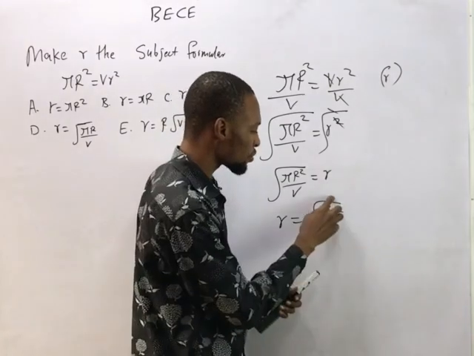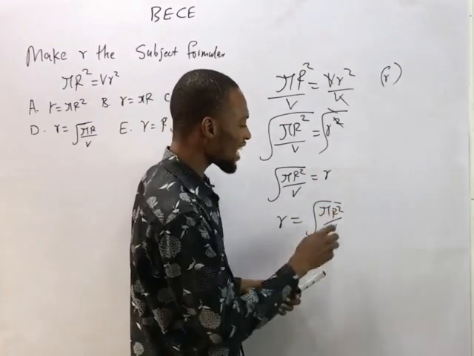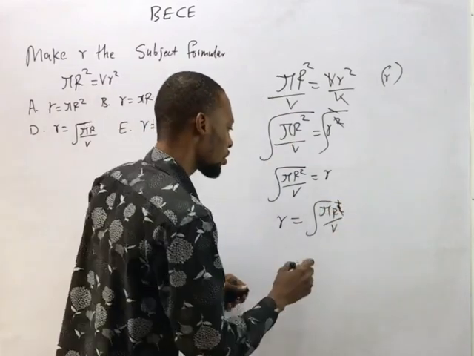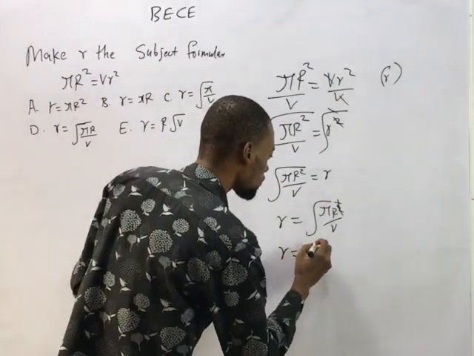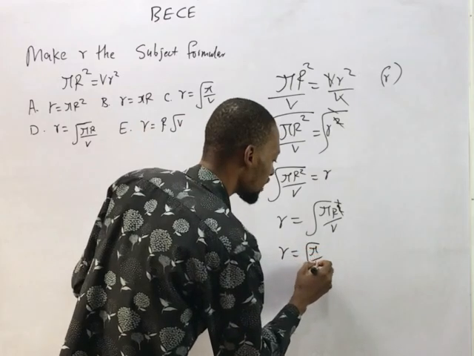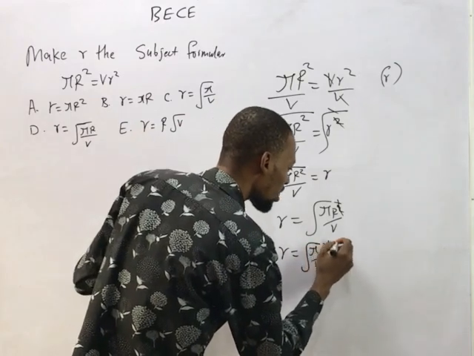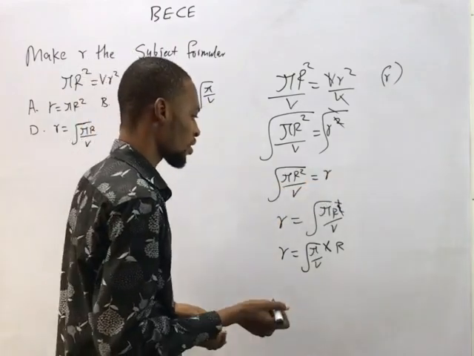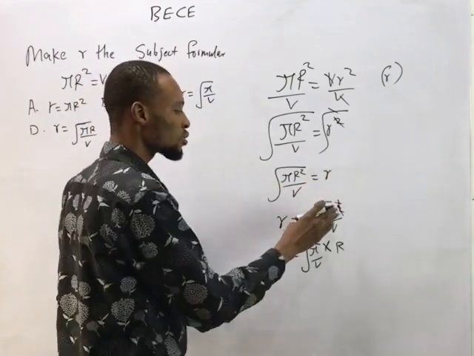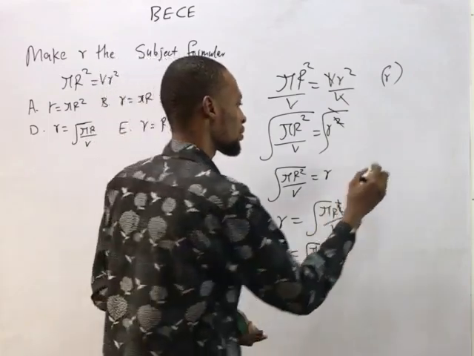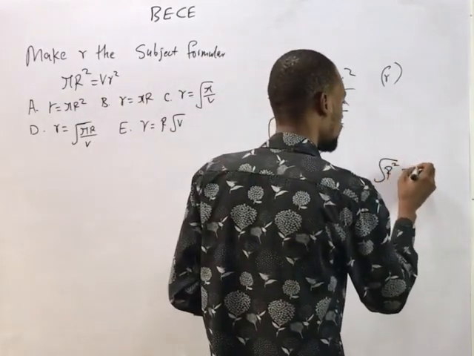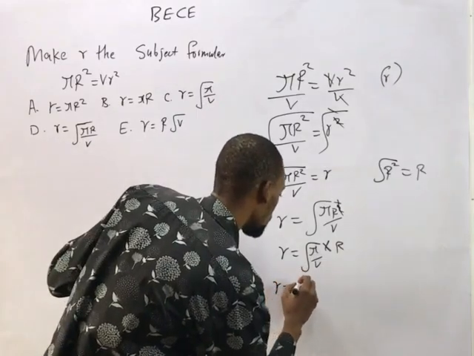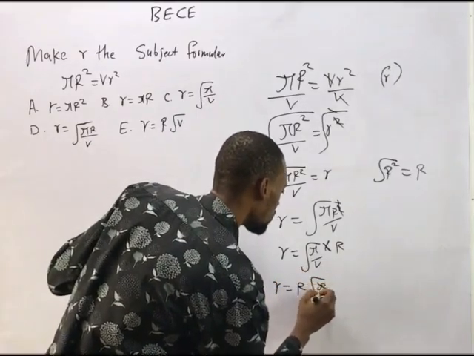So this becomes arrow is equals square root of pi over v times arrow, because the square on top of arrow has removed square root from itself. Or in another word, square root of arrow square is equals arrow. So this implies that small arrow is equals big arrow root pi over v.